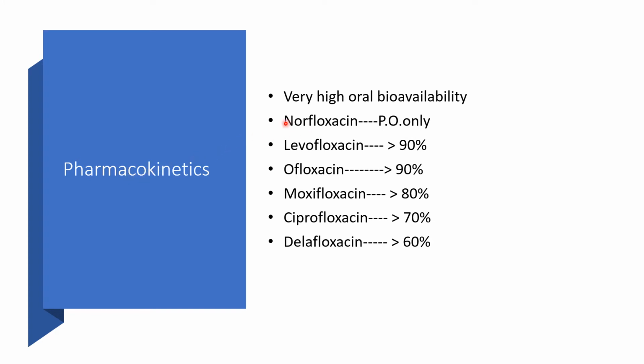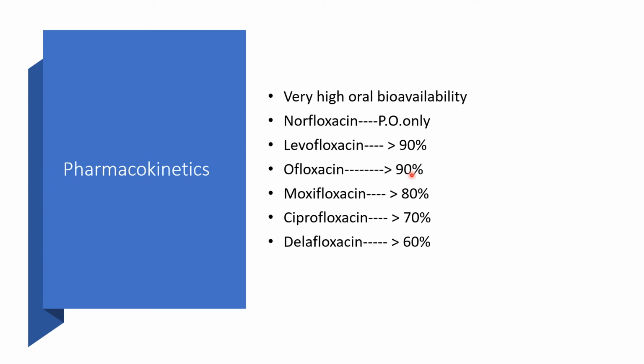Pharmacokinetics. When you give fluoroquinolones per oral, bioavailability is pretty high. For example, you can give Norfloxacin per oral only. Levofloxacin, if you give it per oral, bioavailability will be as high as greater than 90%.